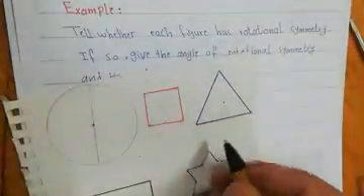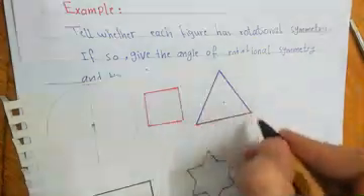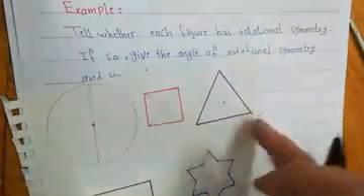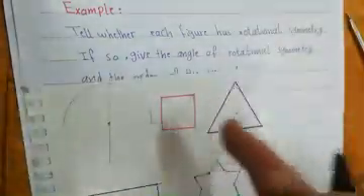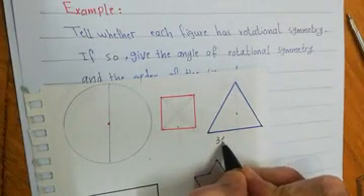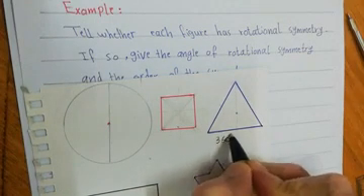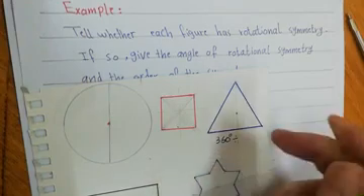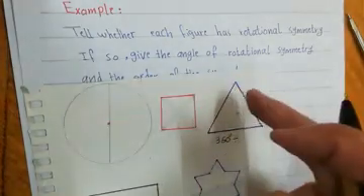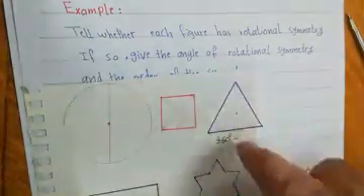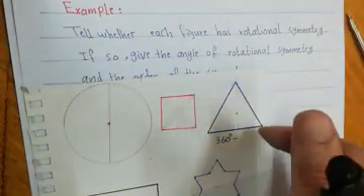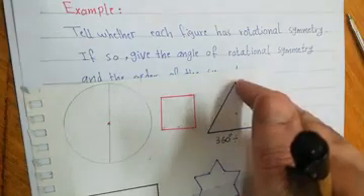By the way, I want to find the angle of rotational symmetry. The angle of rotational symmetry is the full rotational angle, 360, divided by 3, the order. The order of rotation is 3 because it mapped to itself 3 times: when I rotated for the first time, then the second time, and the third time.